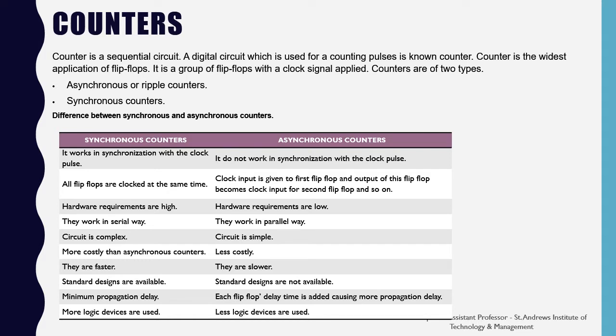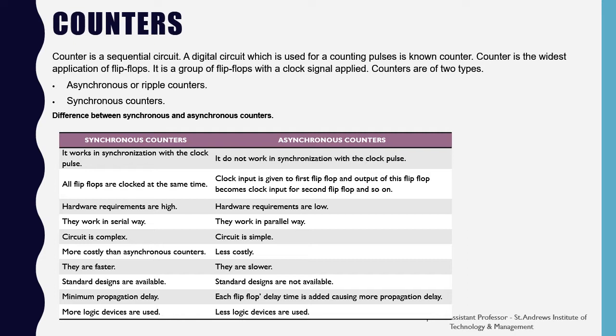Synchronous counters are fast to execute, but asynchronous counters are slower because each and every time the output from the flip-flop goes in as the clock input for the other, so it requires some delay. Standard designs are available for the synchronous counter, but there isn't any standard design for asynchronous counter.